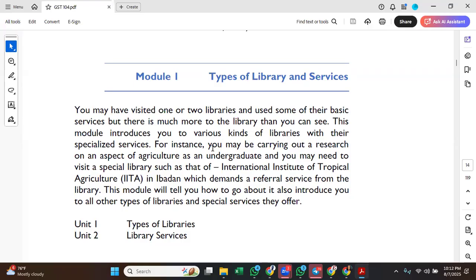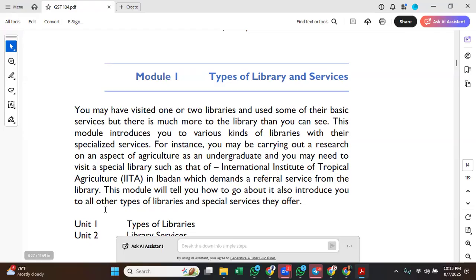For instance, you may be carrying out research on an aspect of agriculture as an undergraduate, and you may need to visit a special library such as that of the International Institute of Tropical Agriculture, that is IITA, in Ibadan, which demands a referral service from the library. This module will tell you how to go about it, and also introduce you to all other types of libraries and the special services they offer.